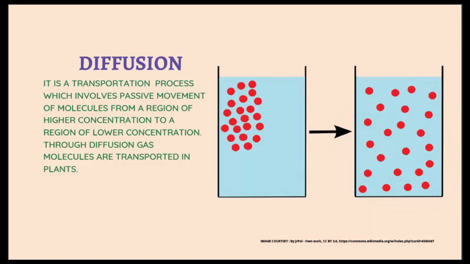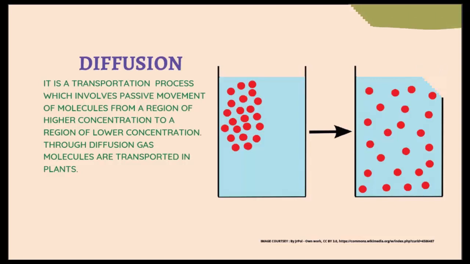In case of plants, mainly gaseous molecules are exchanged by this diffusion process. We know that photosynthesis is one of the important processes for plants, and for it carbon dioxide is a must. Carbon dioxide gas is taken by the plant from the atmosphere by the process of diffusion, right?